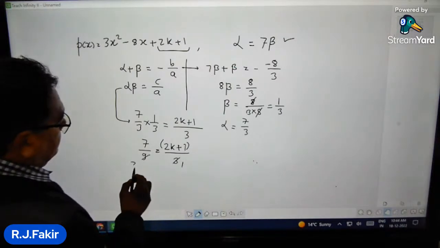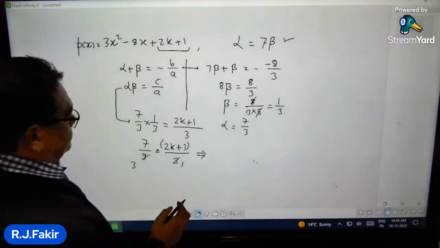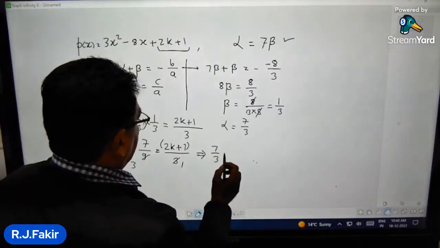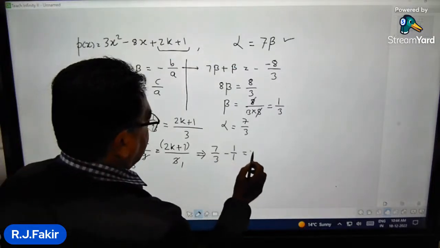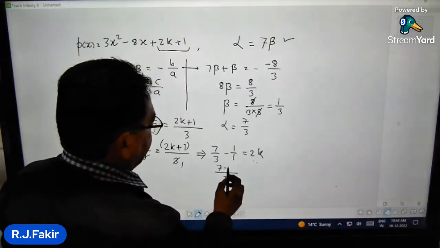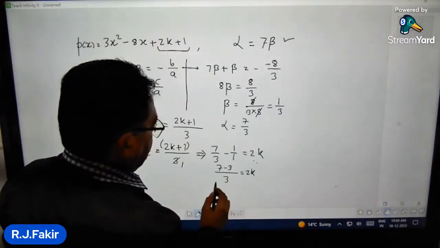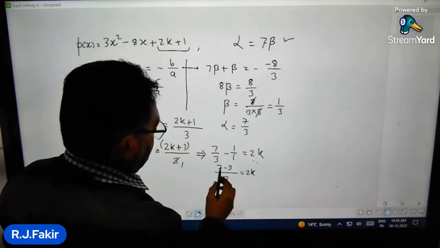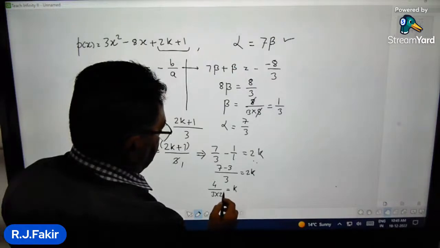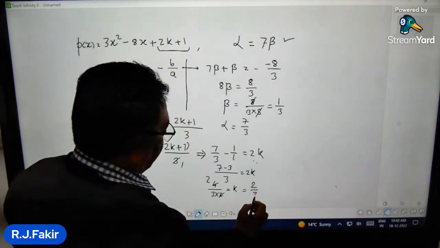So you can say this 7 by 3 minus 1 is equal to 2k. You have LCM as 3, so 7 minus 3 is 2k. That will be 4 by 3 into 2 is k, and finally k will be 2 by 3.